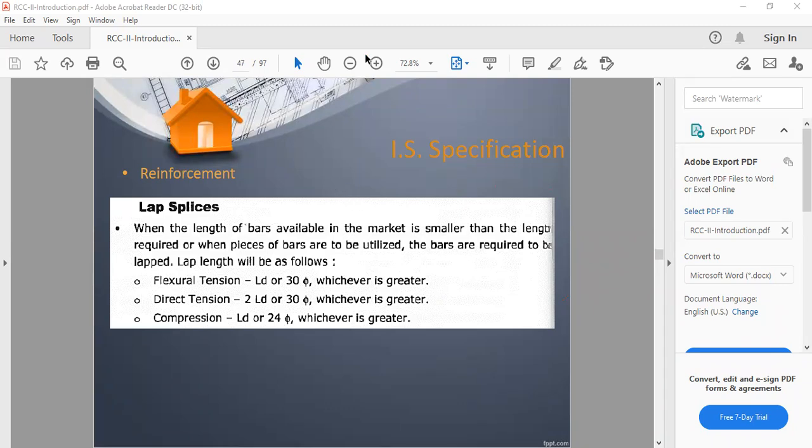Then there are lap splices. When the length of bar available in the market is smaller than the length required, or when pieces of bar are utilized. Sometimes you may see that suppose there is a column from this location to this one, or even a longitudinal beam.